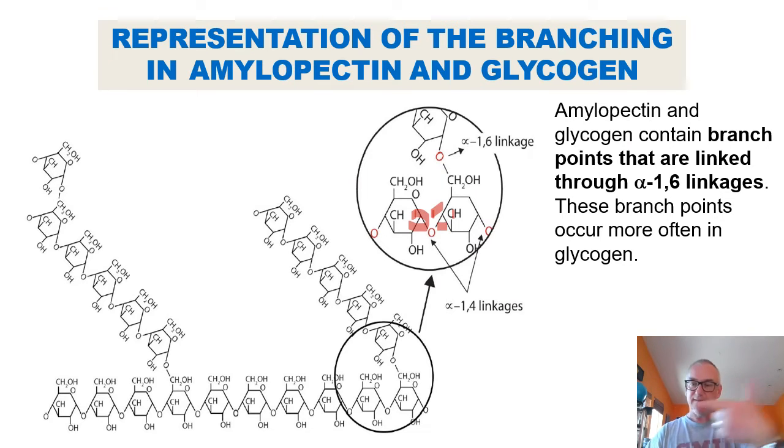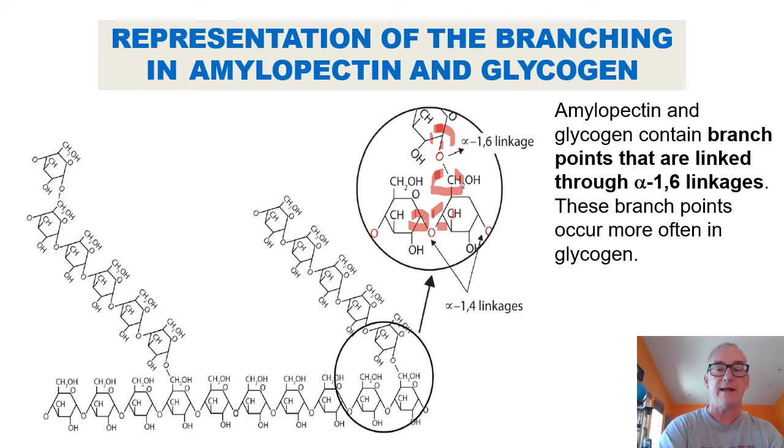So that is the alpha 1,4 linkage that keeps the long chains together. And then you get a branch where carbon 1 from one glucose is then linked to carbon 6 in the long chain.